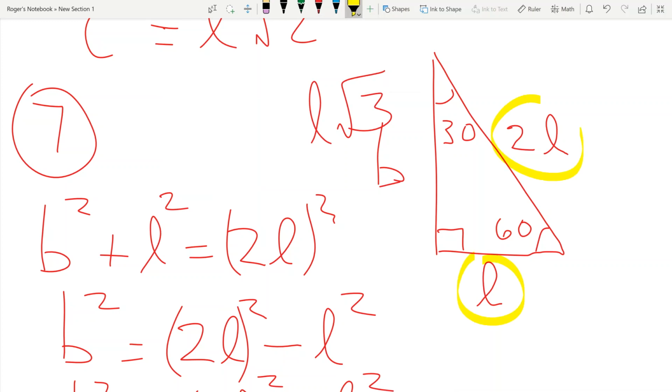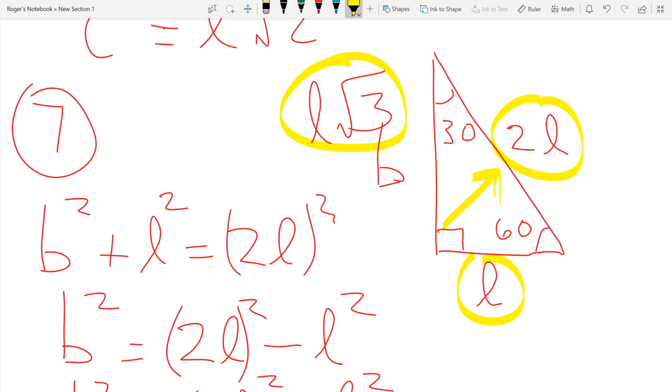L, 2L, L square root of 3. And 2L is the longest, and it is the hypotenuse. Remember, the hypotenuse is where? It's the longest side, and it is opposite the 90-degree angle. So again, L, 2L, L square root of 3.